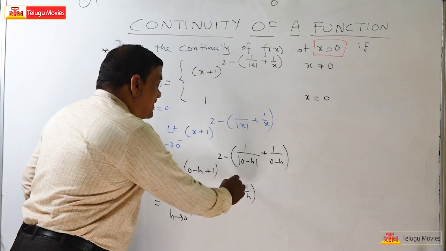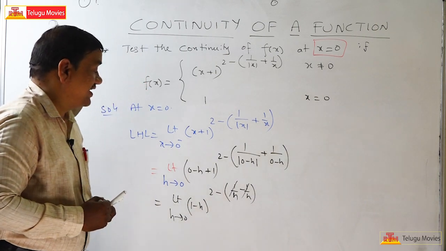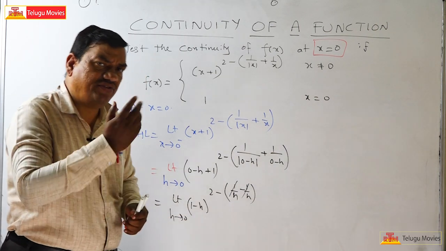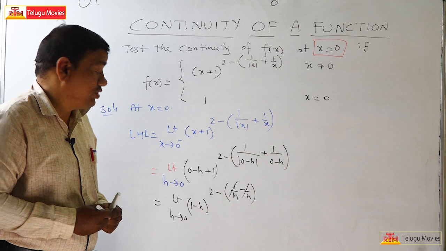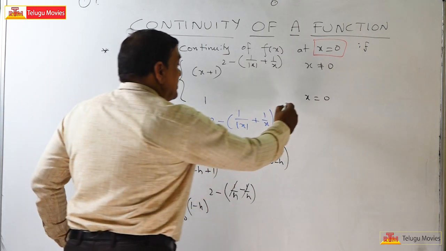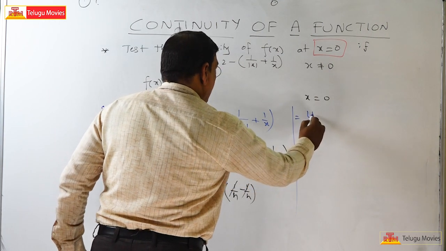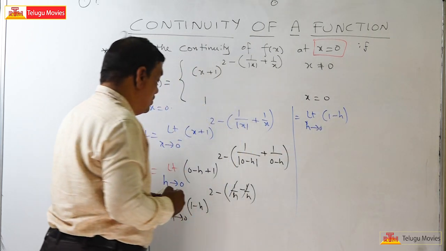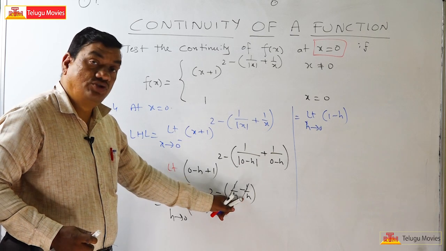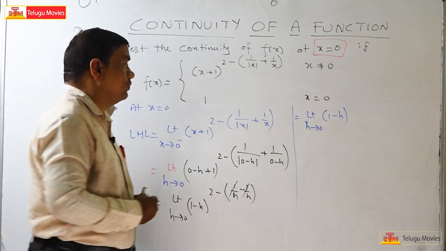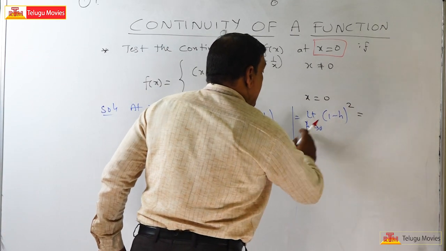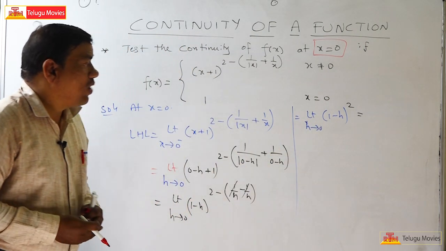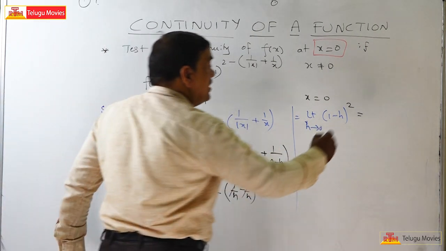So this plus 1 by h minus 1 by h we can cancel, because h is an infinitesimal value not equal to 0. So what remains is the limit h tends to 0 of (1 minus h) to the power of 2. As h tends to 0, 1 minus 0 is 1, 1 square is 1.